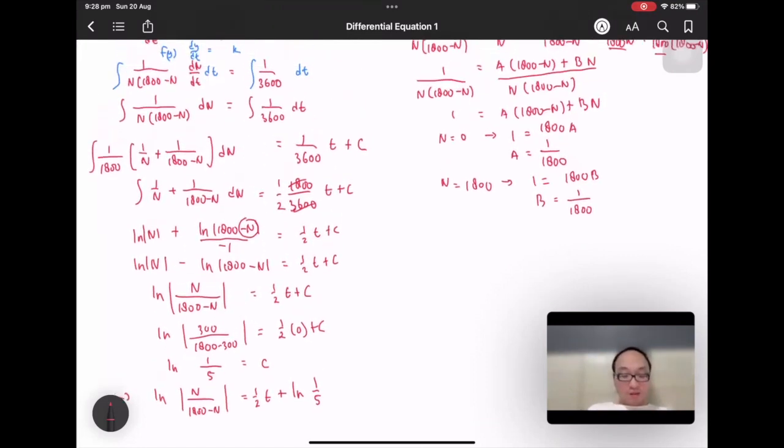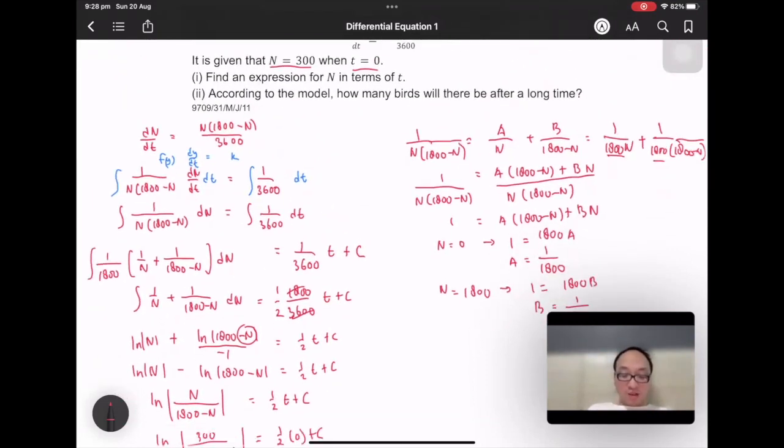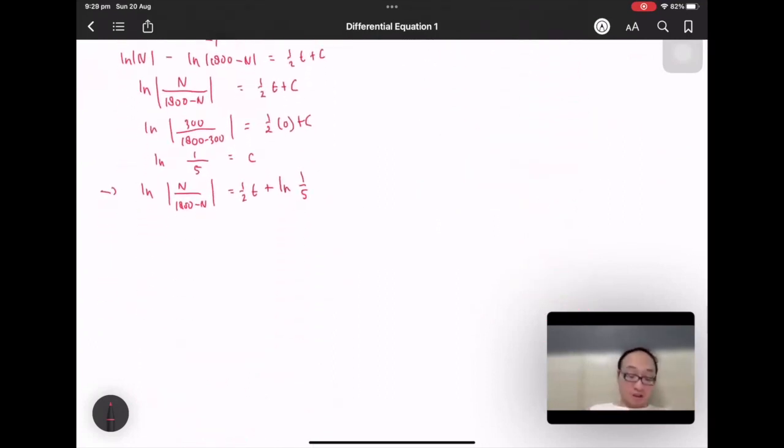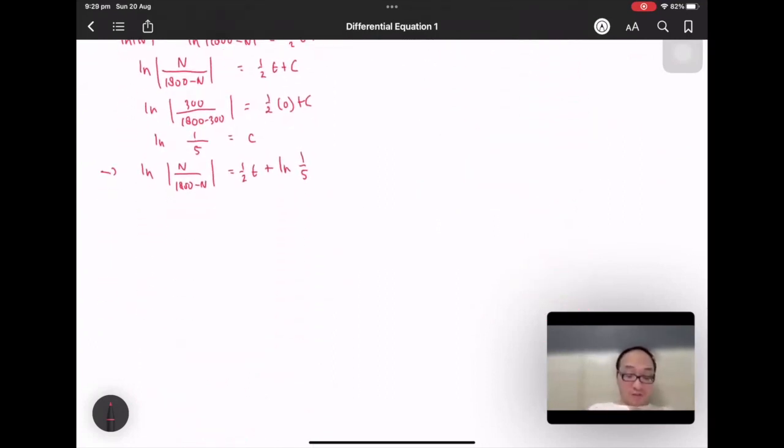But we can't stop until here because we have to express n in terms of t. So I can combine the ln: ln of n over (1800 minus n) minus ln 1 over 5 equals half t.